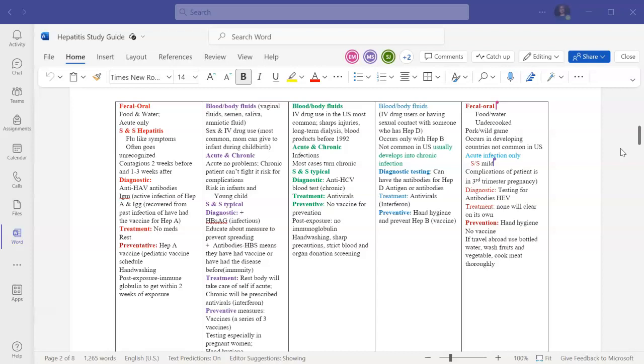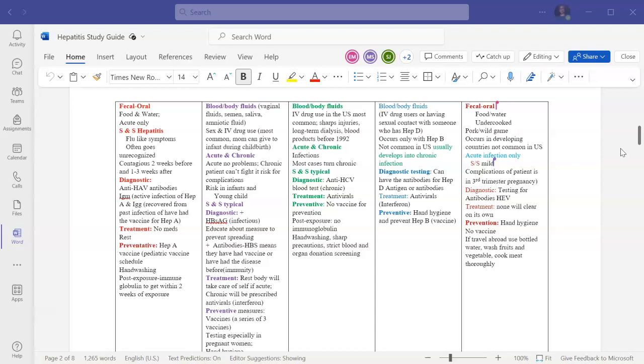How is Hep C prevented? Is there a vaccine for it? Okay, but there's an immunoglobulin that's available, right? No, that's exactly right. So what are you going to have to do to prevent getting Hep C?